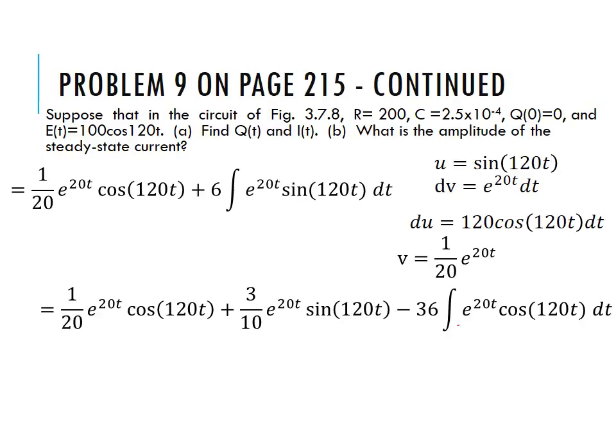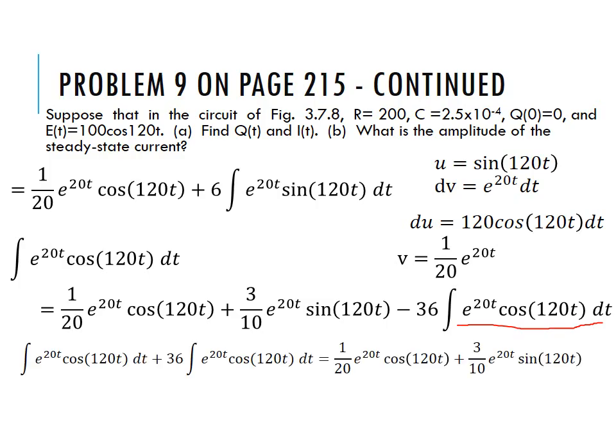But you see, this term shows up, and that's what we initially had back in this integral. So this is going to allow me to bring it over to this side of the equation. And I have this expression here, where I can factor out my integral. It's in both terms.